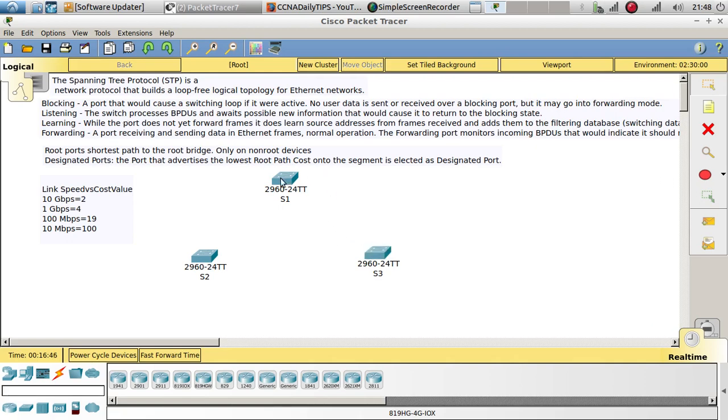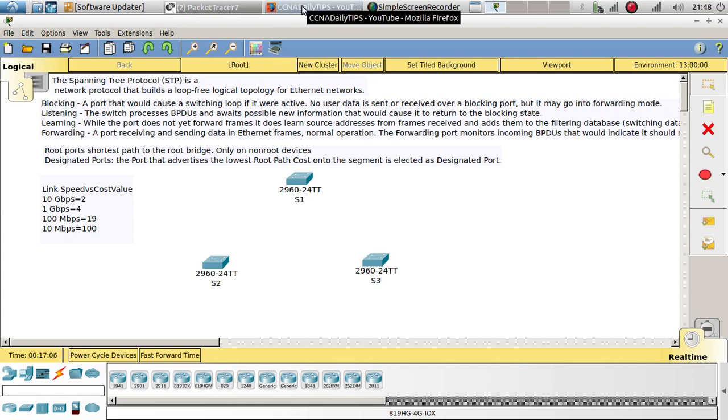If we have a loop in our network, what spanning tree does is get rid of that loop, so we don't have what is called a storm. I can't think of the name right now, but it's just to have a loop-free topology in our network.